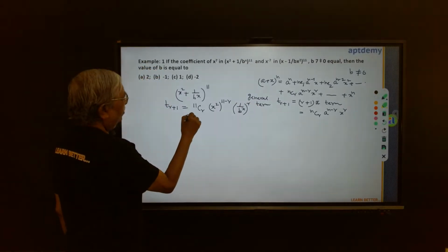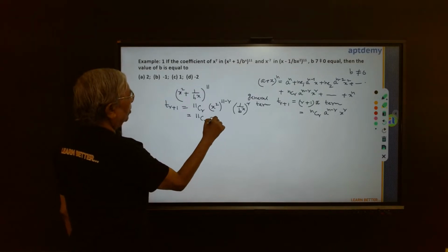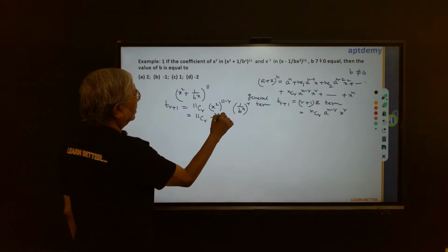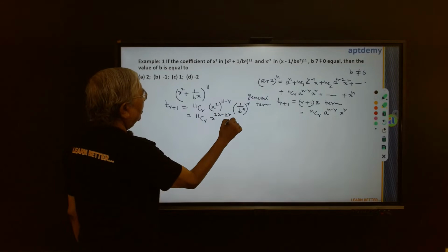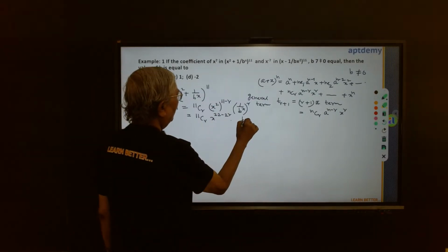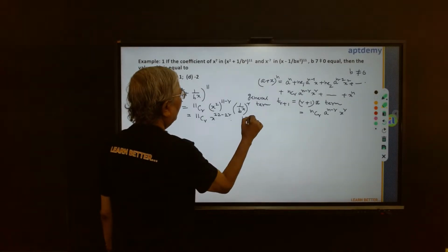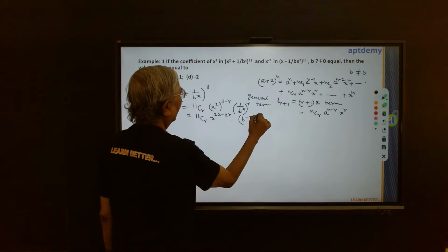Simplify this: 11Cr into x to the power 22 minus 2r into b to the power minus r, x to the power minus r.